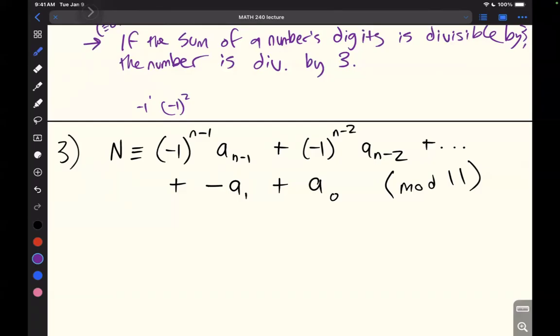And so if we're adding all the digits, but with each digit we assign it negative or +1, let's try and figure out how to write this in words.